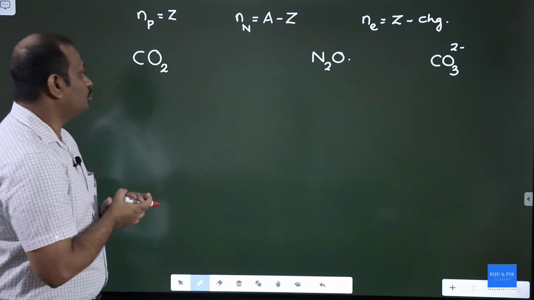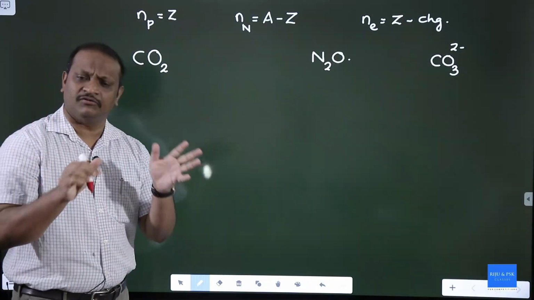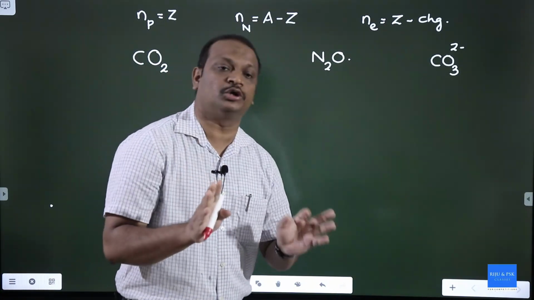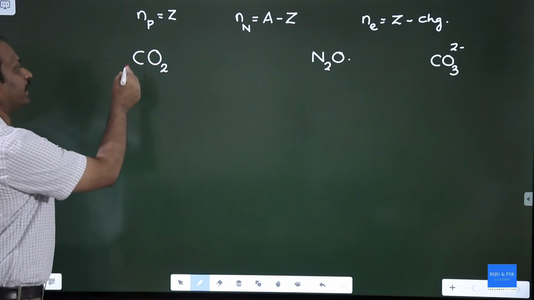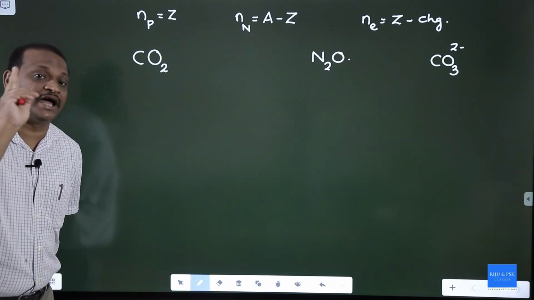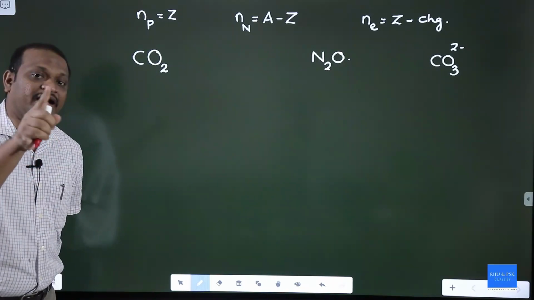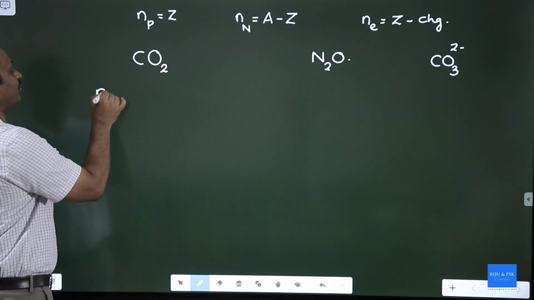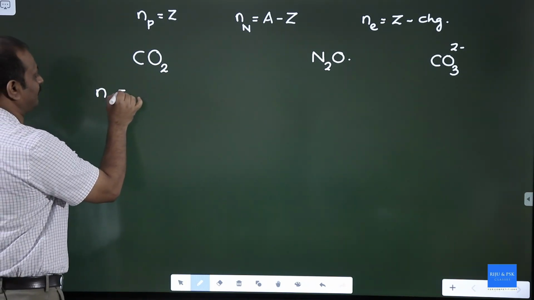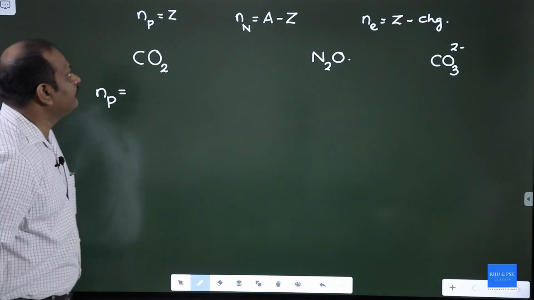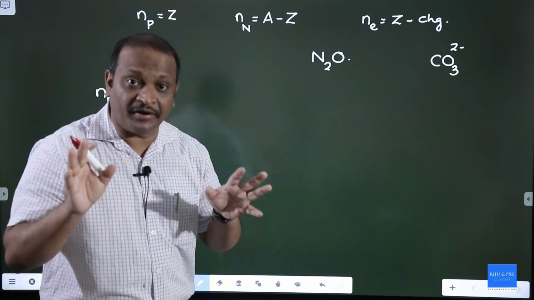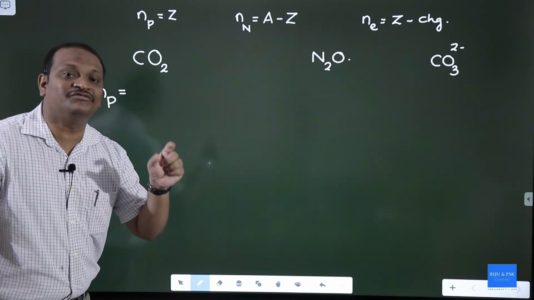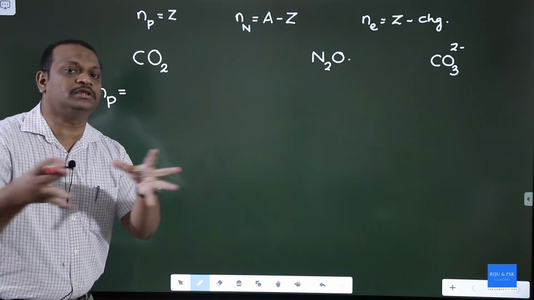So we have CO2, N2O, CO3 2 minus. Let's start with CO2. The question is the same again: find the number of protons, number of neutrons and number of electrons. In carbon dioxide, we know we have two types of atoms, one is carbon, next is oxygen. But how do we find the number of protons? Earlier we wrote number of protons equals Z. But right now, number of protons is equal to sigma of Z, meaning you need to add everything together.